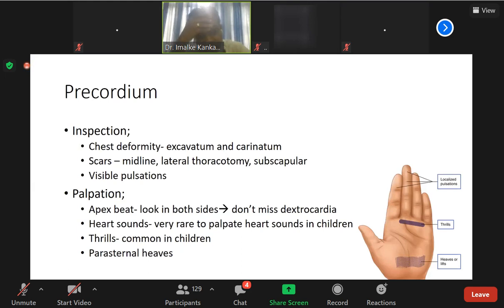So heart sounds, very rare to palpate heart sounds in children. Don't come and say, I could palpate the second heart sound. I have never palpated it, right? Thrills, of course, thrills are common in children, right? Parasternal heaves, yes, you can have parasternal heaves in tetralogy of Fallot conditions, but this is palpation.